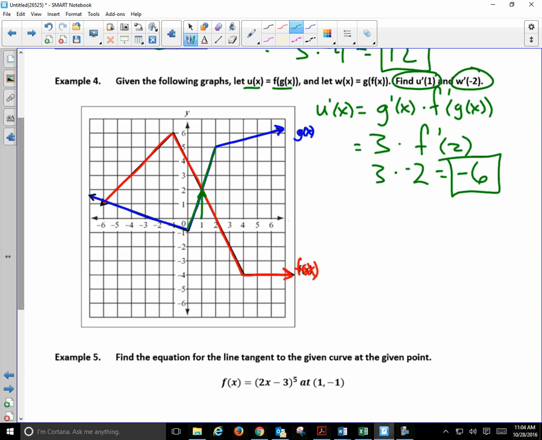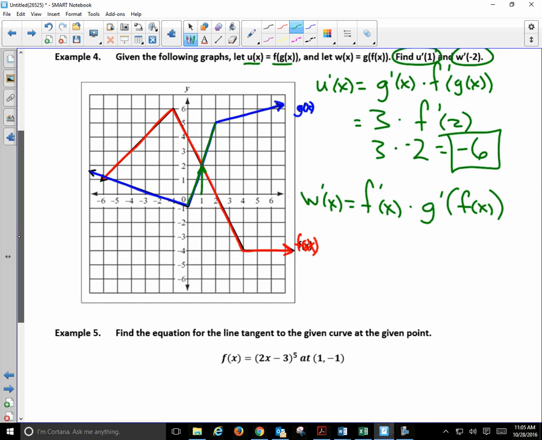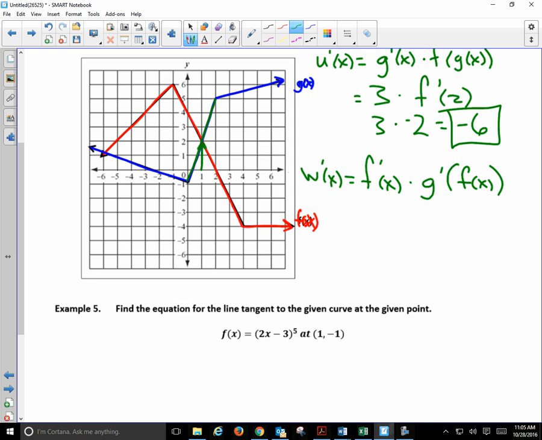W prime. So W prime of x is equal to, how do I write that out? Good. All right.